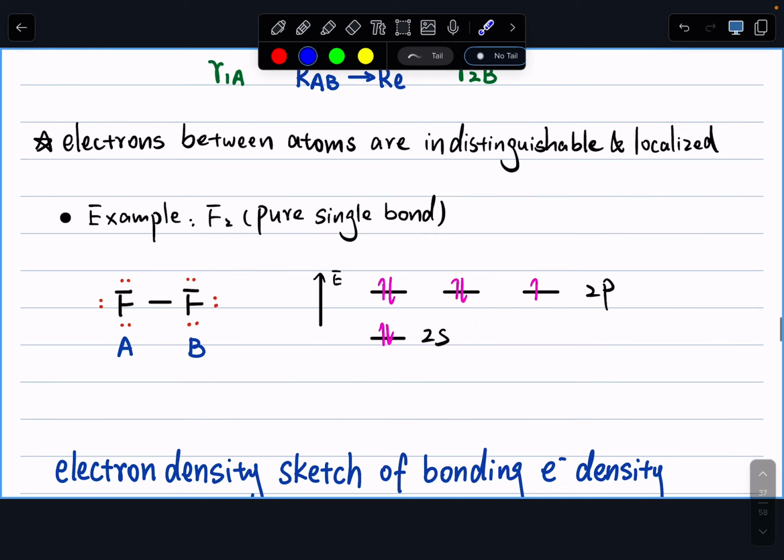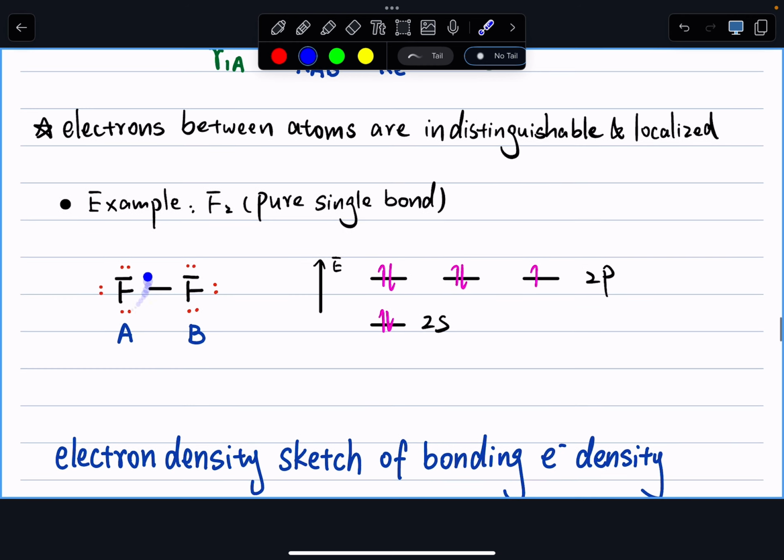So if we use F2 as an example, now we have localized bonds. What does it mean? On the fluorine, what's the electron configuration of fluorine? That's 2s2 and then 2p5. Right, so that's the electron configuration. And we look at the electron diagram of fluorine.